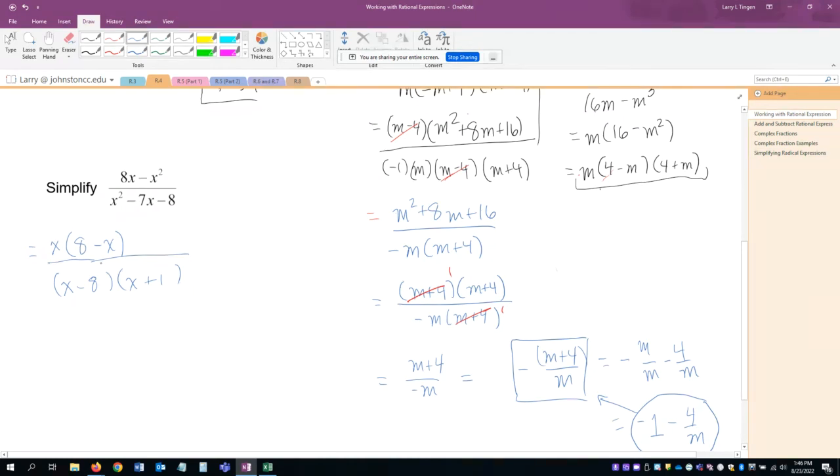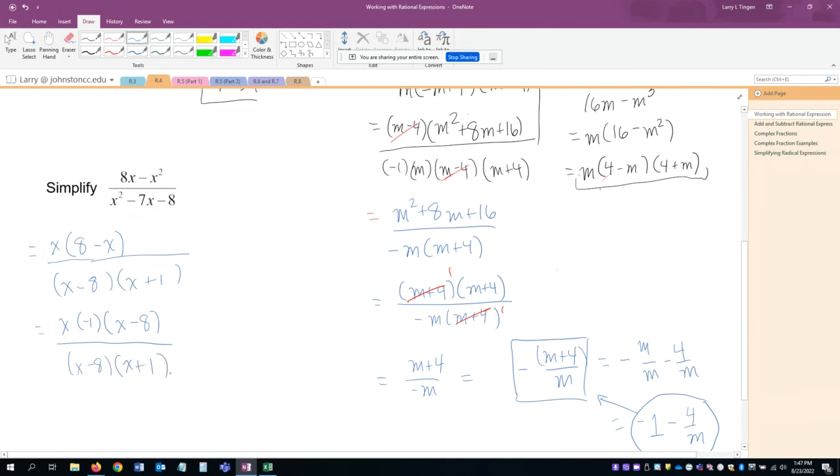Okay, same thing that we saw in the last one. I have what look like the same thing, they're just off by a sign. Right, I have 8 minus x over, and now that I think out loud, you're used to seeing the x plus 8. So I'm going to factor that negative out up here instead of factoring out of the x minus 8.